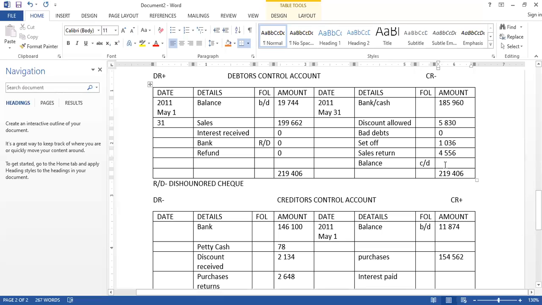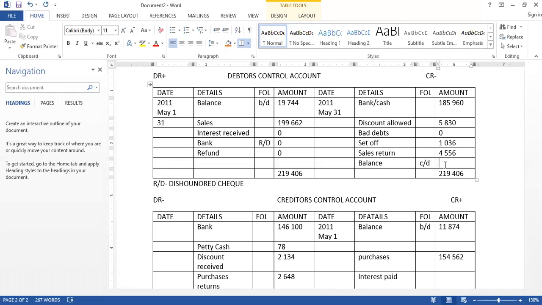Okay, so 219,406 minus 4556, and then you minus 1036, then you minus 5830, and then you minus 185,960, and then you get 22,024.